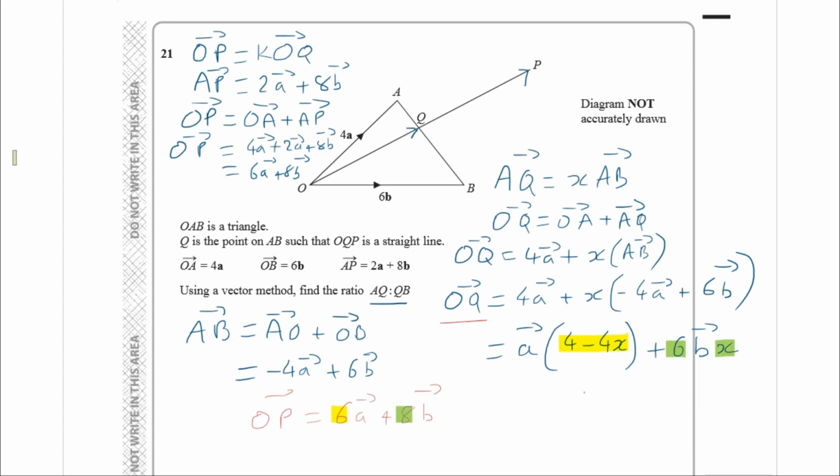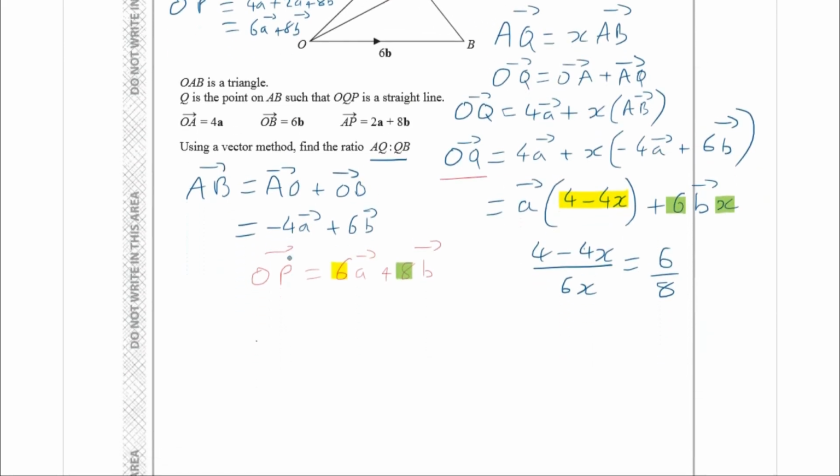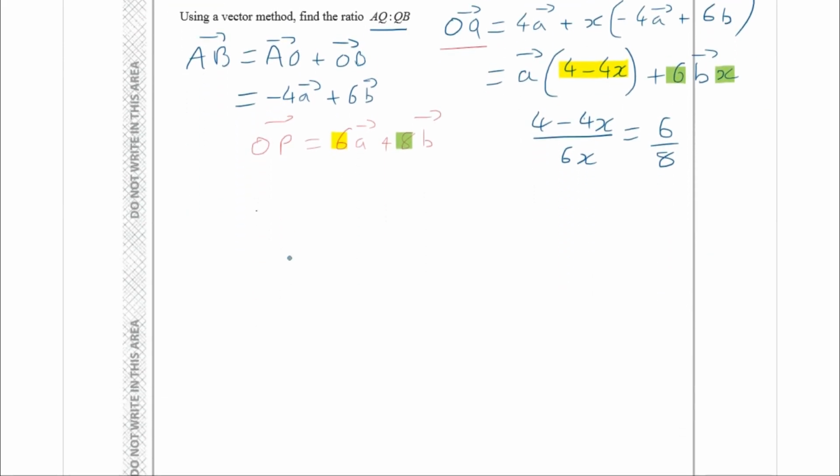And so I would encourage you to use fractions and to say that that's true. So we can conclude here that 4 minus 4x over 6x is equal to 6 over 8. And this is just based on the fact that they're in a straight line. This is the key to this question.